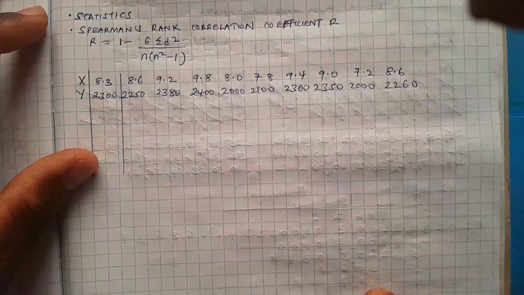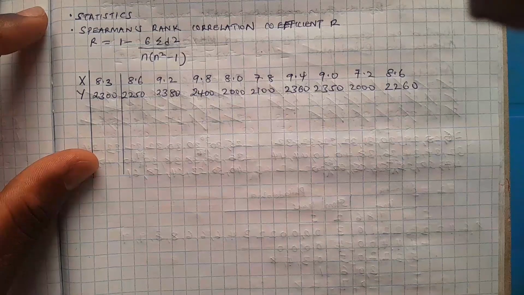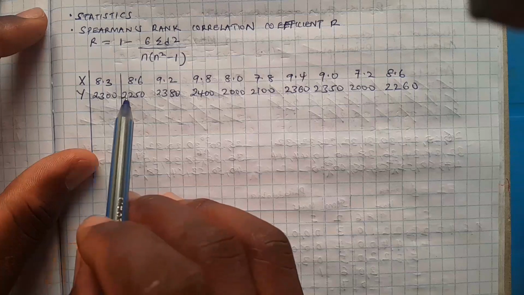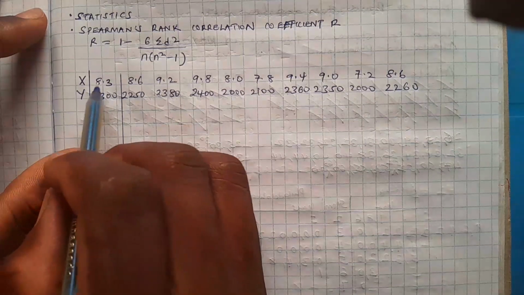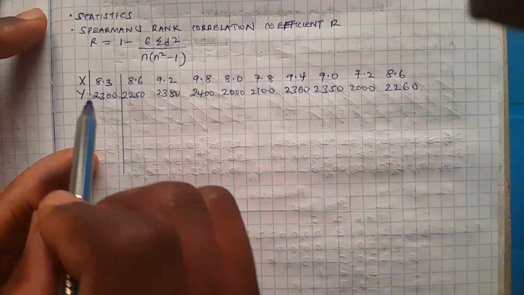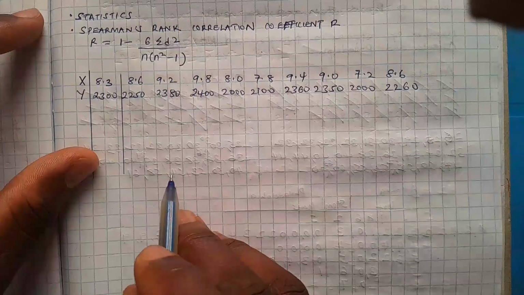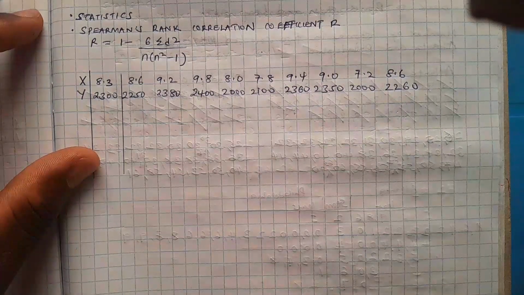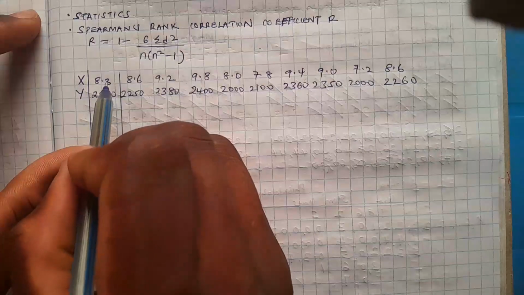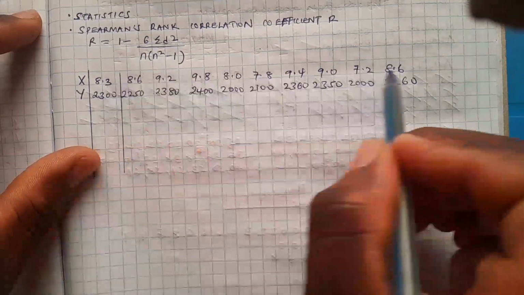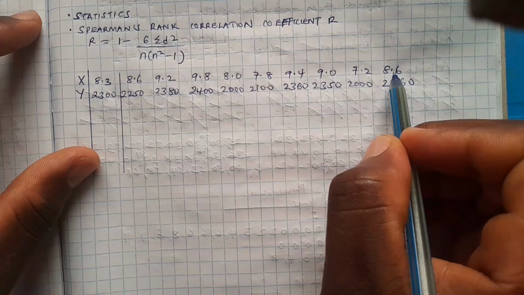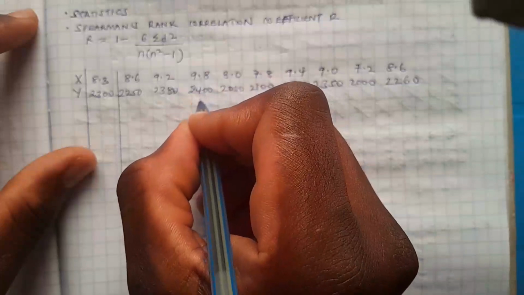What we do is we have the ranks for the set of data that we have. For example, if we have x, we want to rank from the largest to the smallest, where the largest becomes the first rank and the smallest becomes the last rank. We check and find out which is the largest, and in our case 9.8 is the largest.